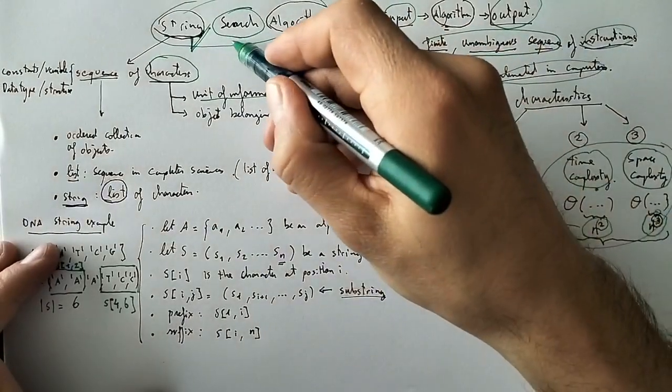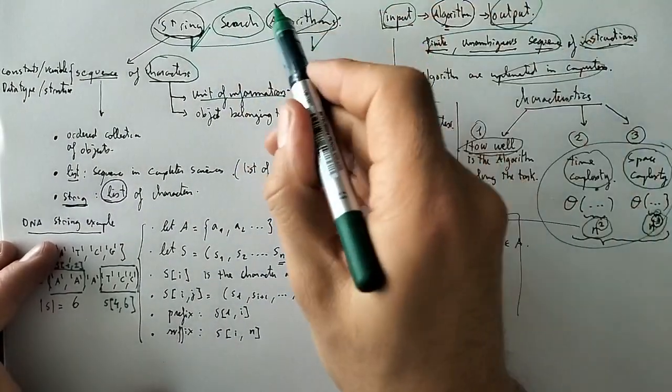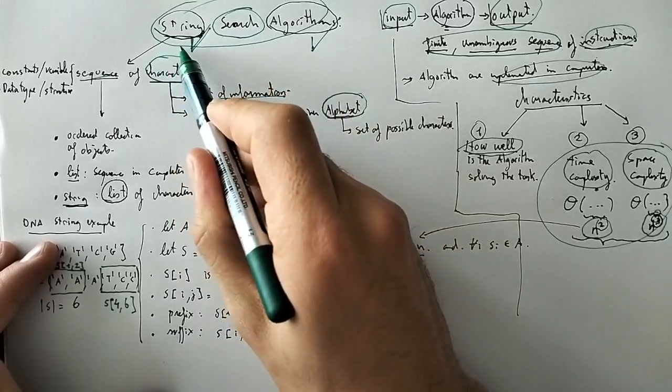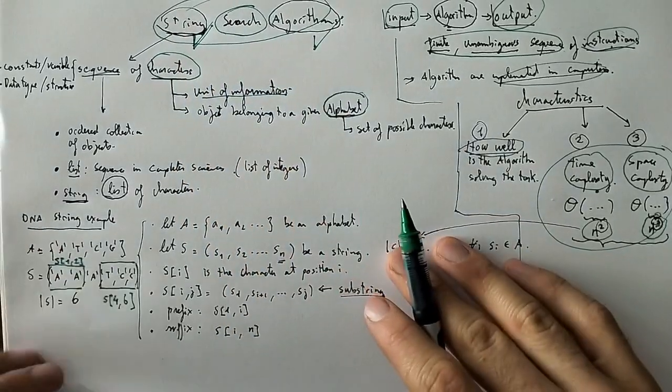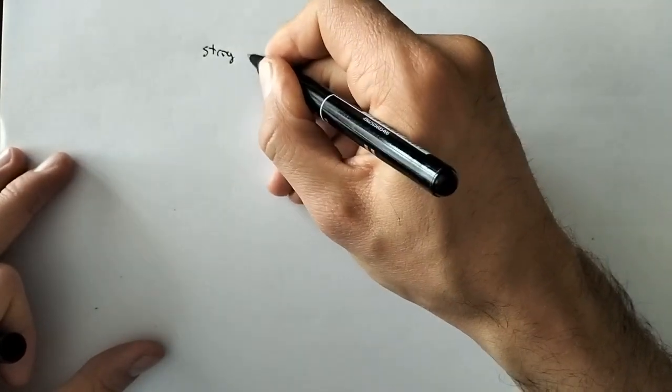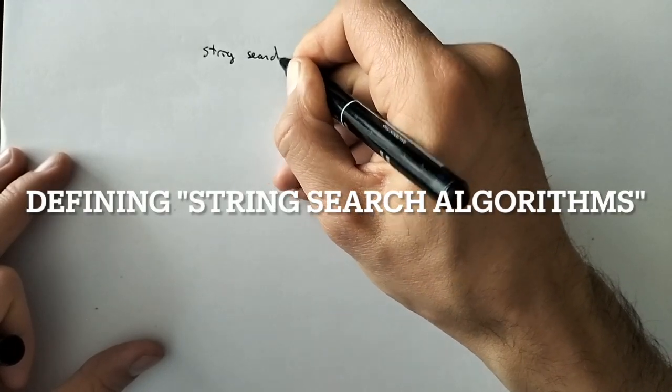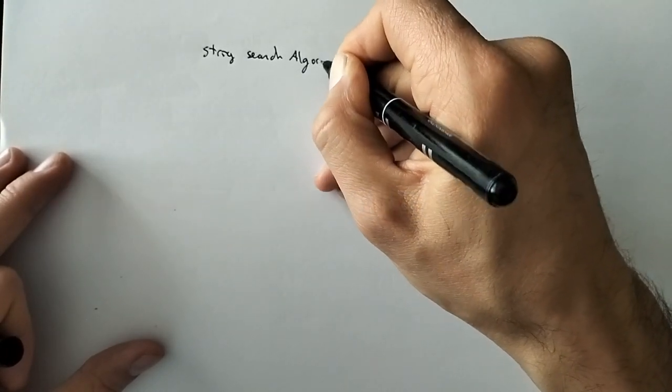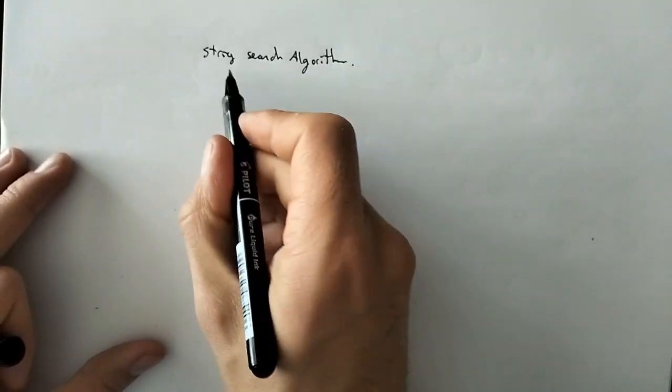So in order to include the term search and have now a definition of string search algorithms, let's just take another piece of paper and let's work on this now. So I will rewrite string search algorithms and let's go to the definition.